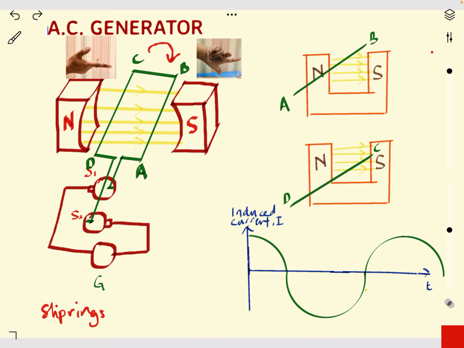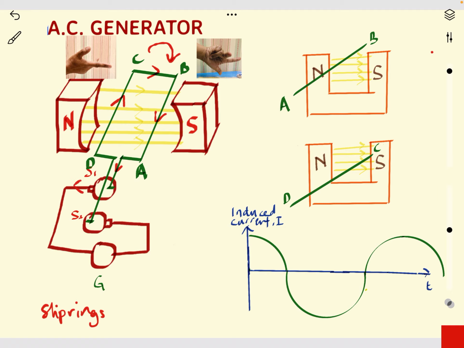Now you can apply this again, and you will find that the direction of current is like this. Actually, the direction is the same as the first one, but the difference is you can see that current flows into S1 because the coil is connected to S1.